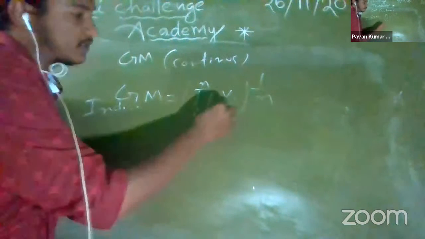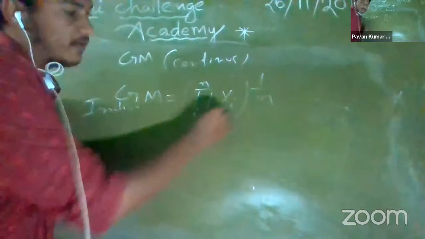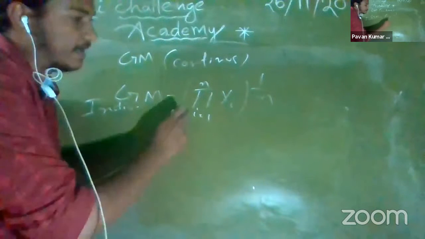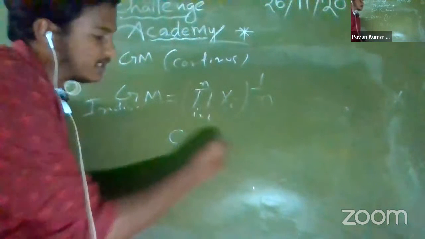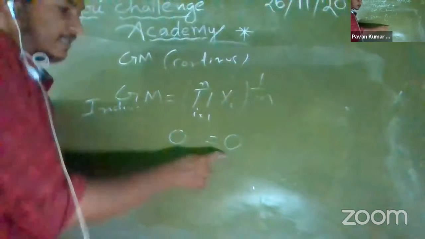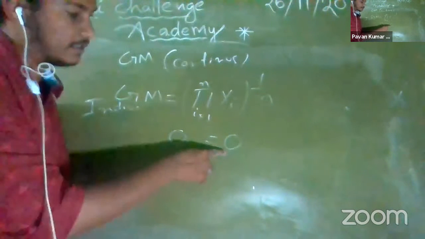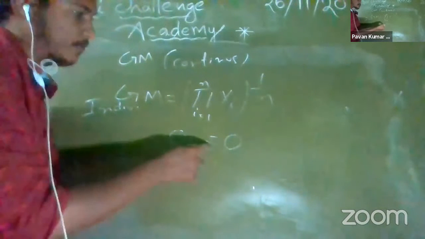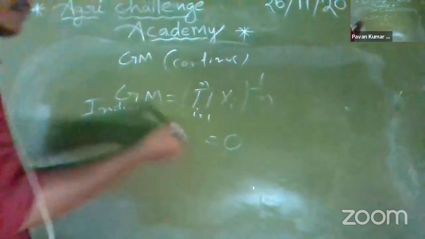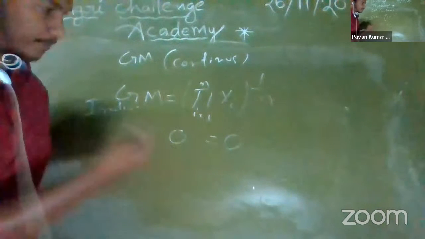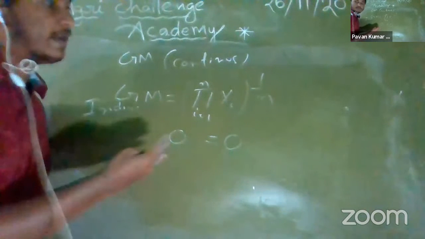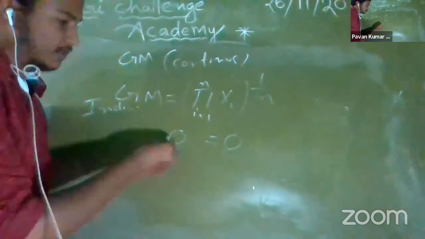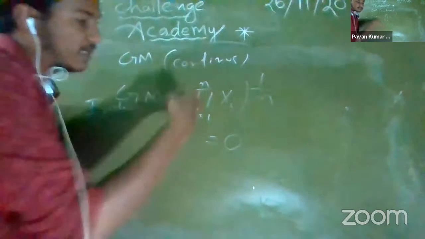Suppose any one value is 0, the entire geometric mean becomes 0. This is not a good representation of data. A single value makes the entire data be interpreted differently. If a single value equals 0, the entire geometric mean becomes 0.